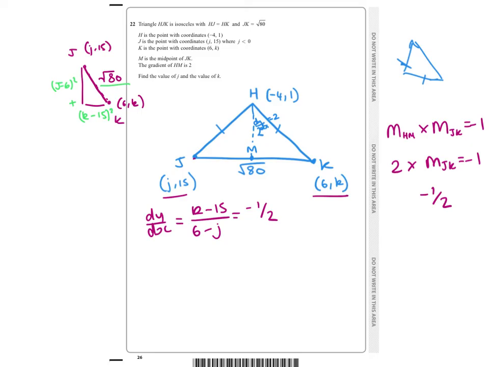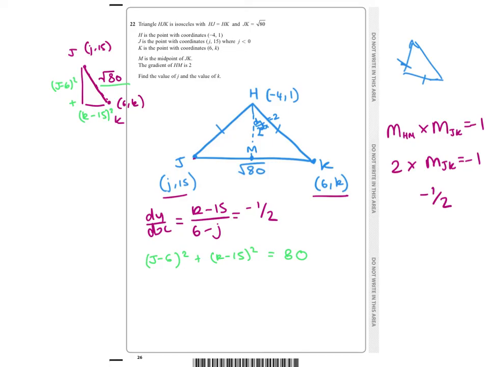So what I actually don't need to do, when I'm using Pythagoras, normally I'd do a squared plus b squared equals c squared and square root. Yeah, so what I'm actually going to have is j minus 6 squared plus k minus 15 squared equals 80, because root 80 squared is 80.